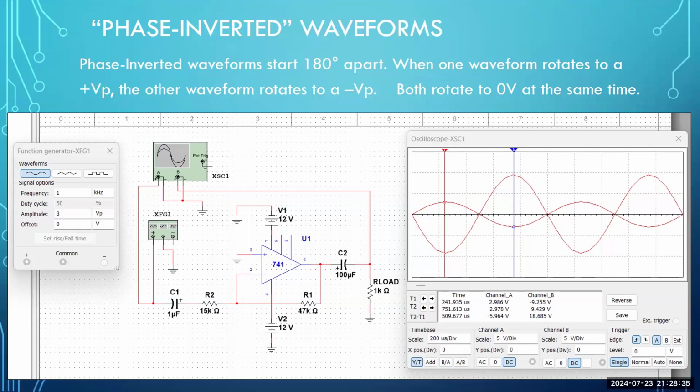So they're peaking at the same time, but in opposite directions. When one waveform is peaking positive, the other is peaking negative. Interestingly enough, both waveforms rotate to 0 volts at the same time.